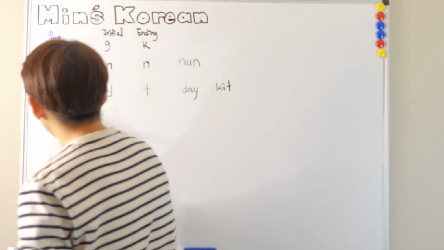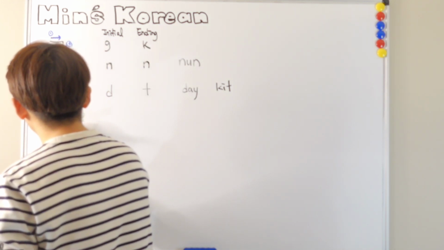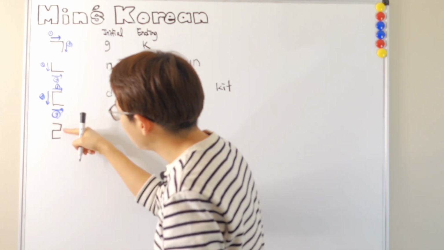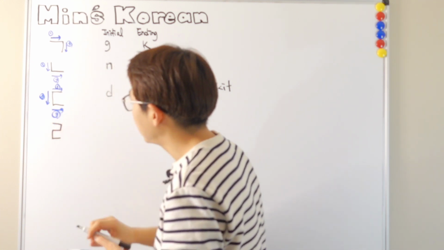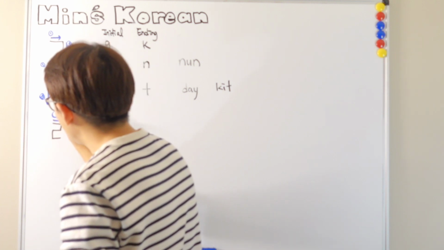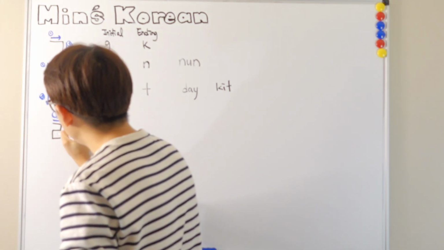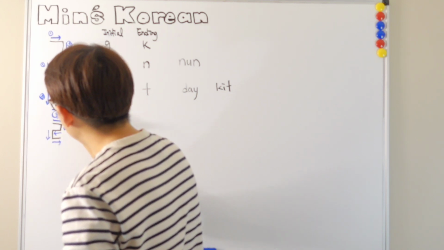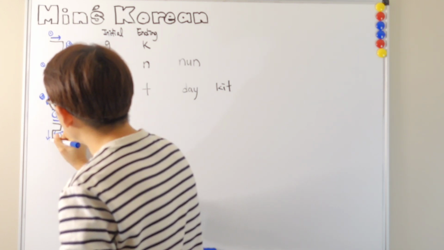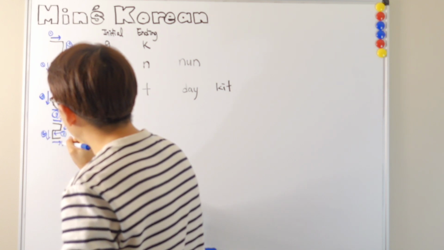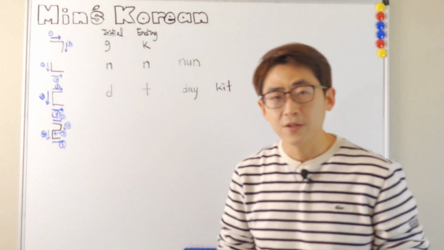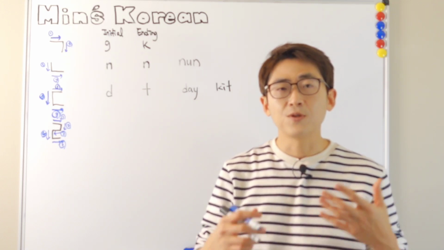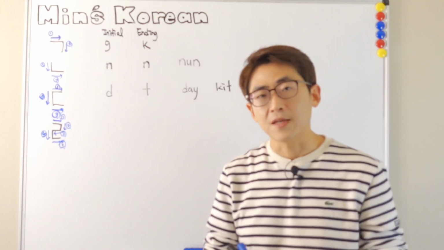And next one, we have, okay, so it has 1, 2, 3, 4, 5. And you have to practice writing these Hangul letters so you can read and write at the same time.